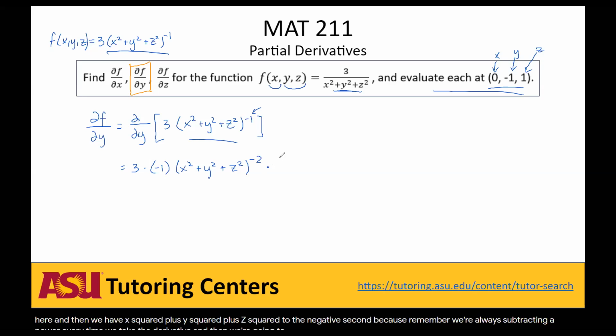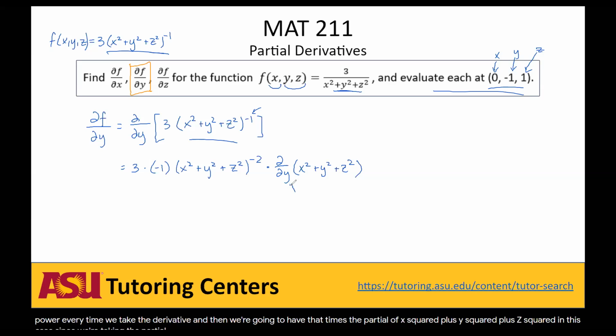And then we're going to have that times the partial with respect to y of x squared plus y squared plus z squared. In this case, since we're taking the partial with respect to y, this guy is going to be treated as a constant, and this guy is going to be treated as a constant too.